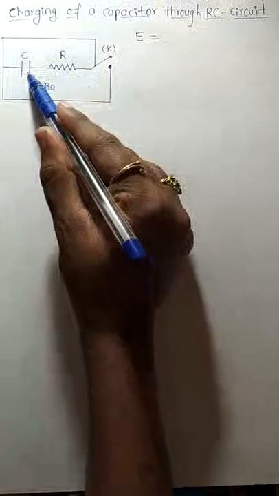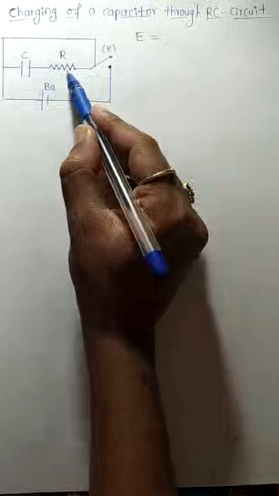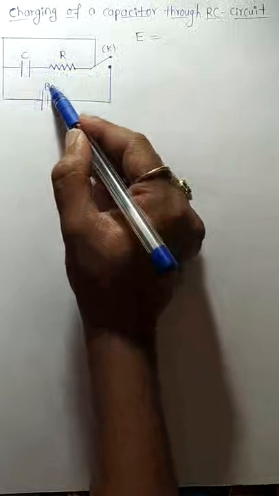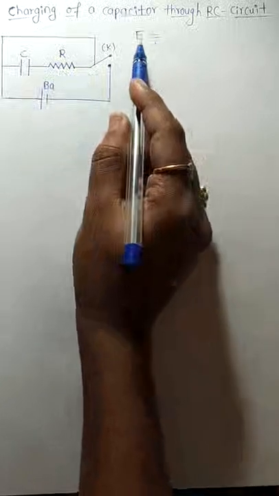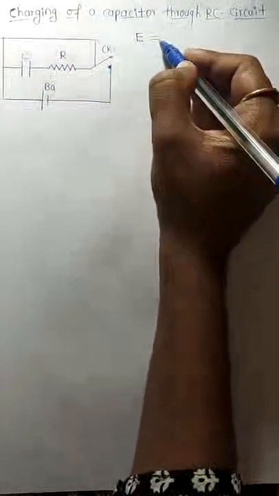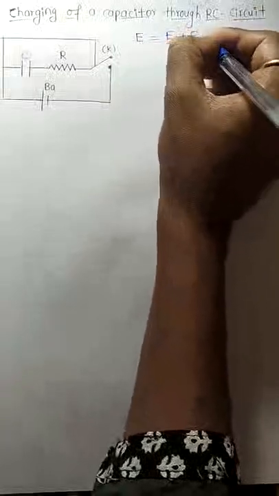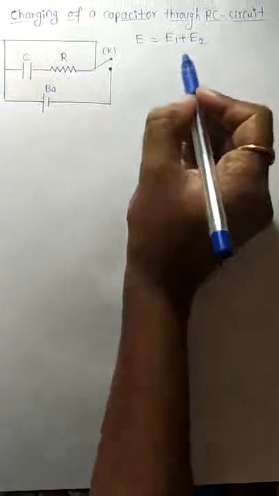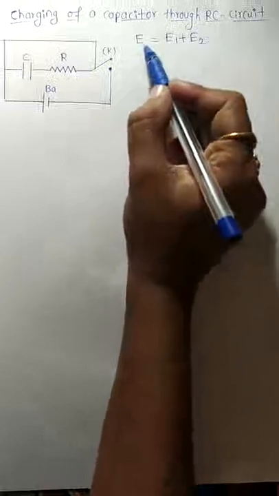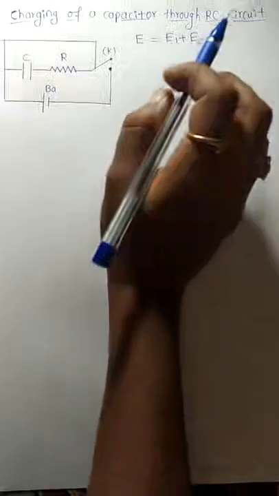So E1 is the voltage across the capacitor and E2 is the voltage across the resistor. So the total voltage is E, and that will be distributed between these two. Means, can I write capital E is equal to E1 plus E2? Because it is distributed, when we add, we get the total voltage. So E is equal to E1 plus E2.